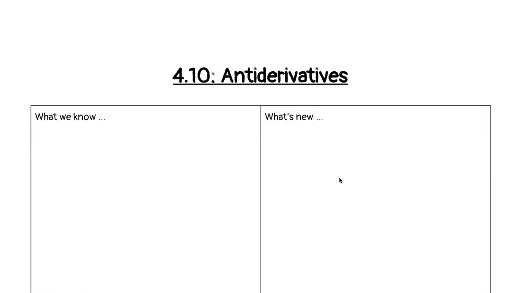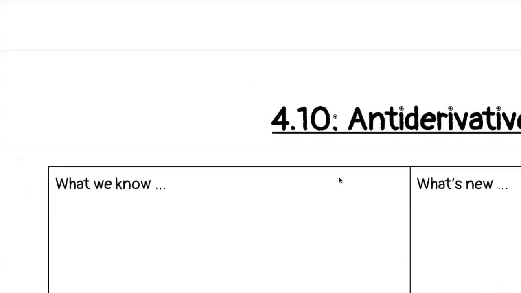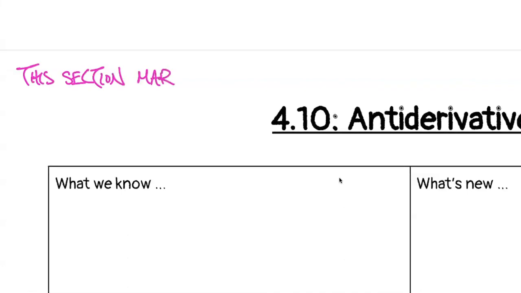And I kind of hinted at this during class today, but I do want to make it really clear that this section officially marks the sort of second half of calculus.